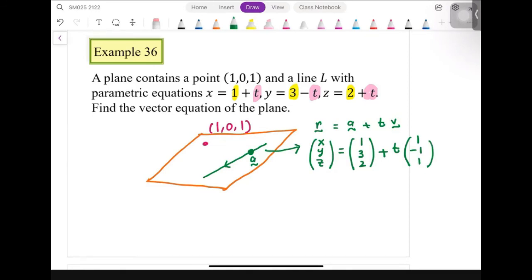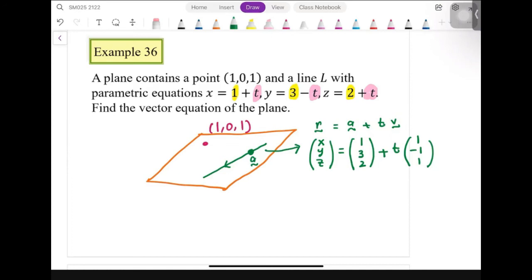Alright. Settle. Itulah dia punya cerita. Kita ada plane. Atas plane ada satu titik, 1, 0, 1. Lepas tu, dia ada satu lagi line. Line tu dia bagi dalam bentuk equation. So, from here, find equation of that plane. Sekali lagi, kita ada problem kat sini sebab kita tak ada normal vector. Okay. So, ingat tadi balik syarat. Nak dapat normal vector, we must perform cross product between two direction vector.